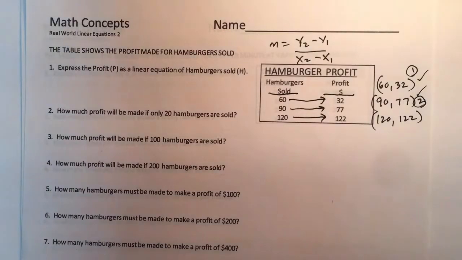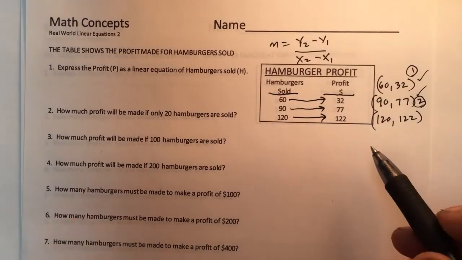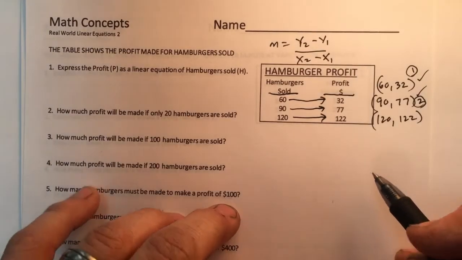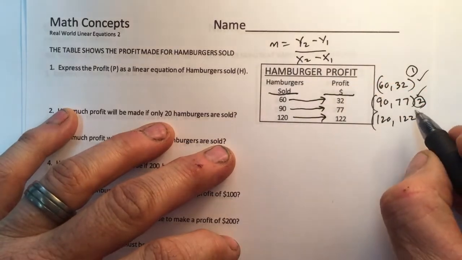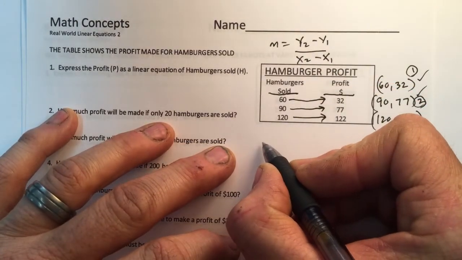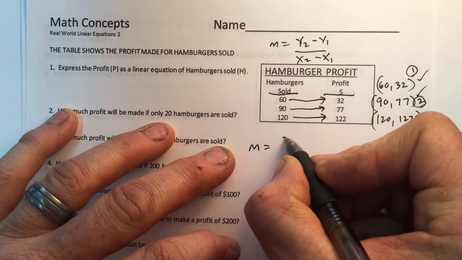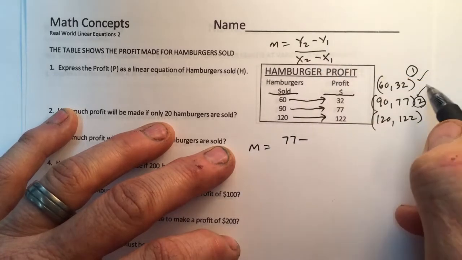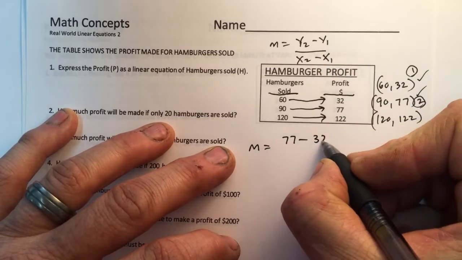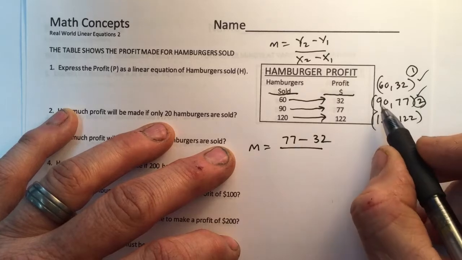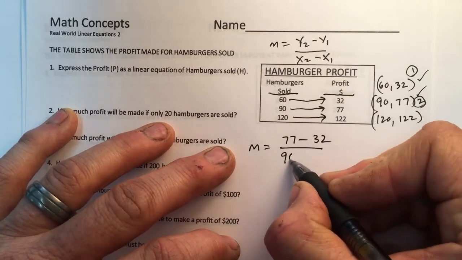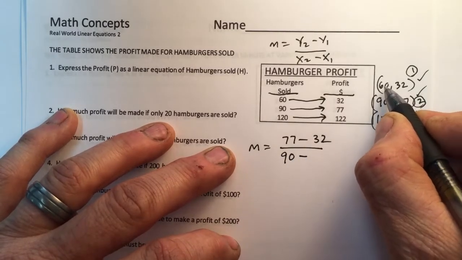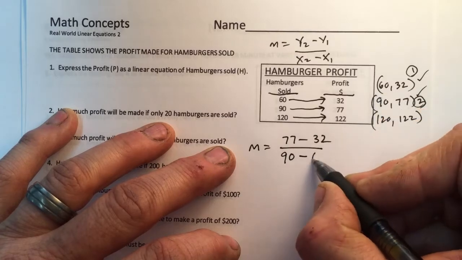Okay, so I'm going to do the y in point 2, which is 77, minus the y in point 1, which is 32, over the x in point 2, which is 90, minus the x in point 1, which is 60.